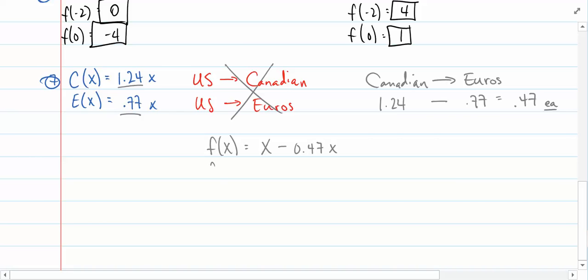If I evaluate this function at 5, f of 5 would equal x minus 0.47x.